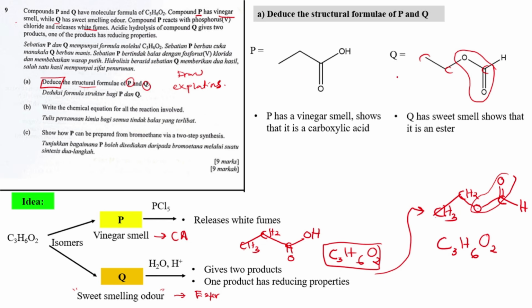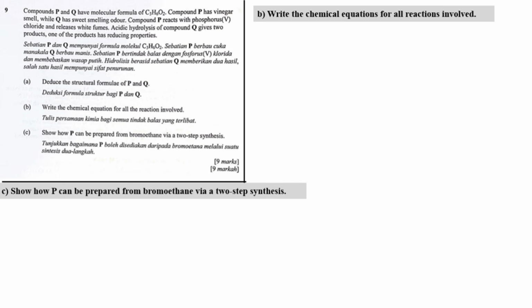And once we deduce this structure, we need to write the chemical equation. So let us do that. We need to write the structure P again, which is the carboxylic acid, and then we're going to react that with phosphorus chloride, PCl5.